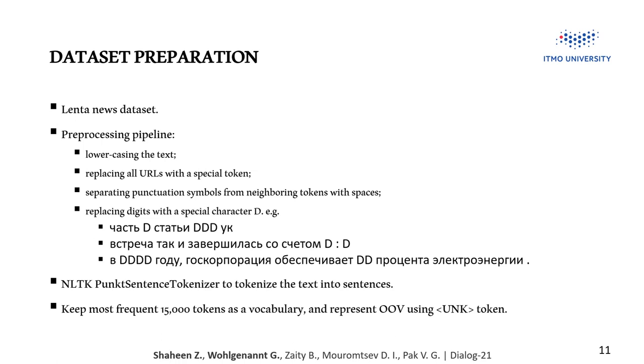Before pre-processing, we applied sentence tokenization, and after pre-processing, we kept the most frequent 15,000 tokens as vocabulary, and we represented out of vocabulary tokens using the UNK token.